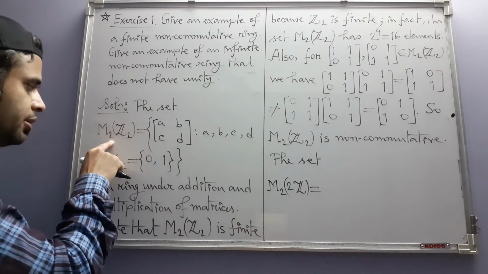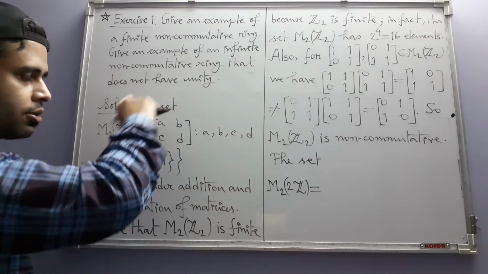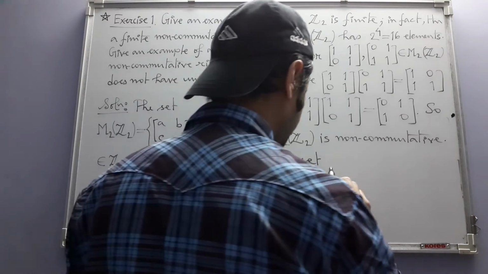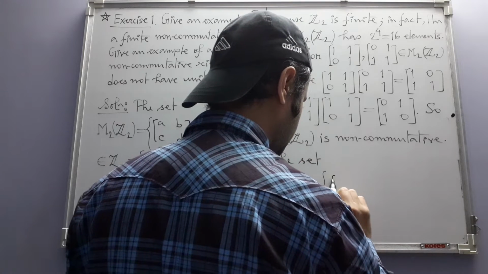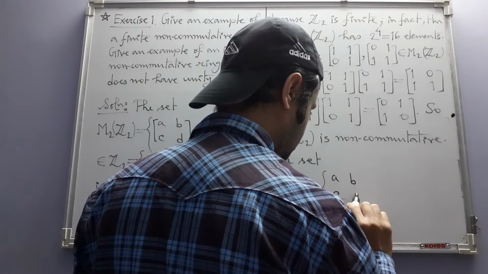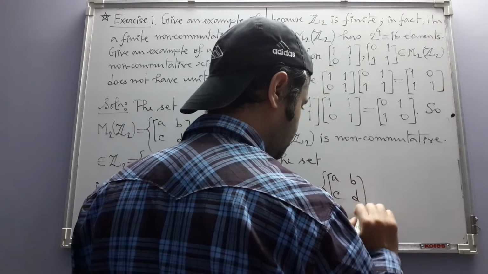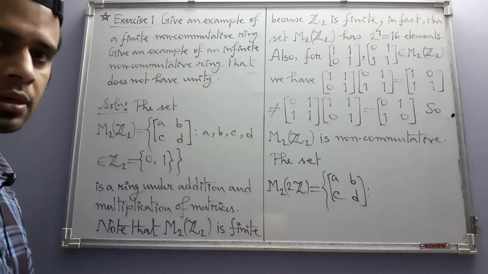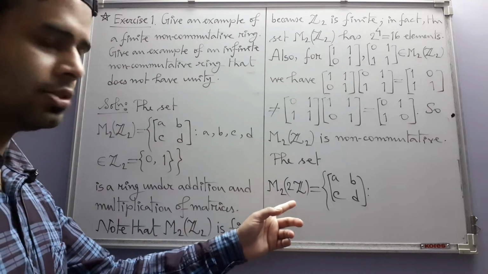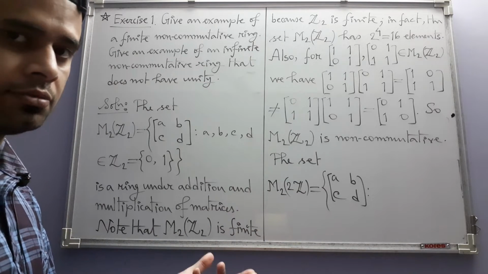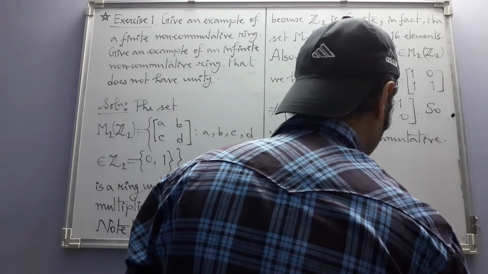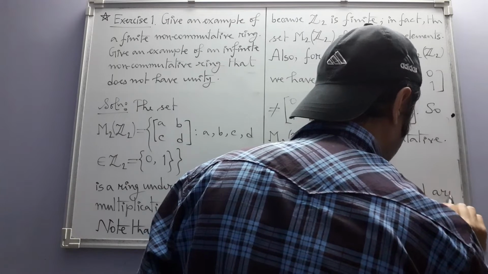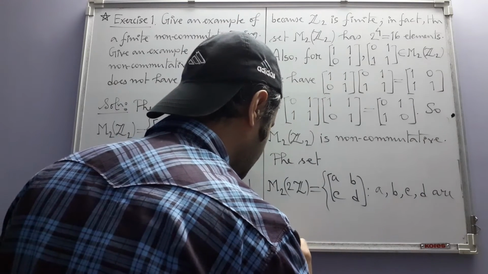If you see M3 here, then the corresponding set will have 3 by 3 matrices. Here also we are considering 2 by 2 matrices, but the set from where the entries are coming is different. It is 2Z, the set of all even integers. A, B, C, D are even integers.